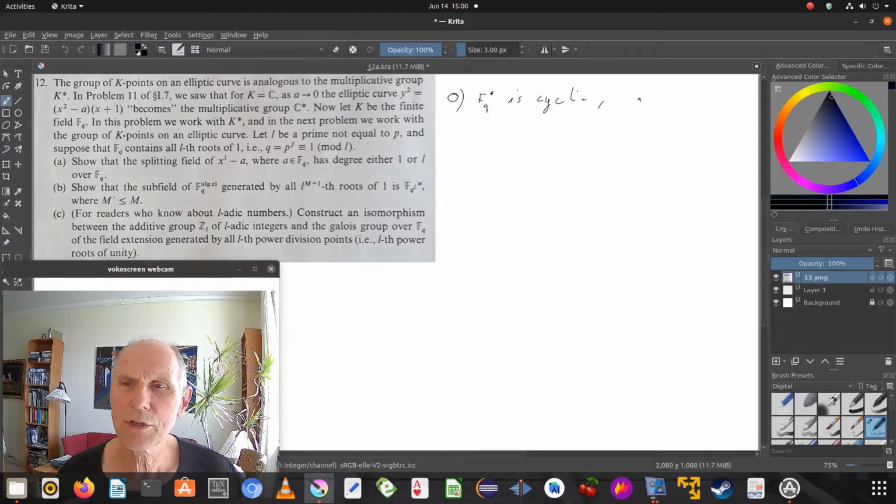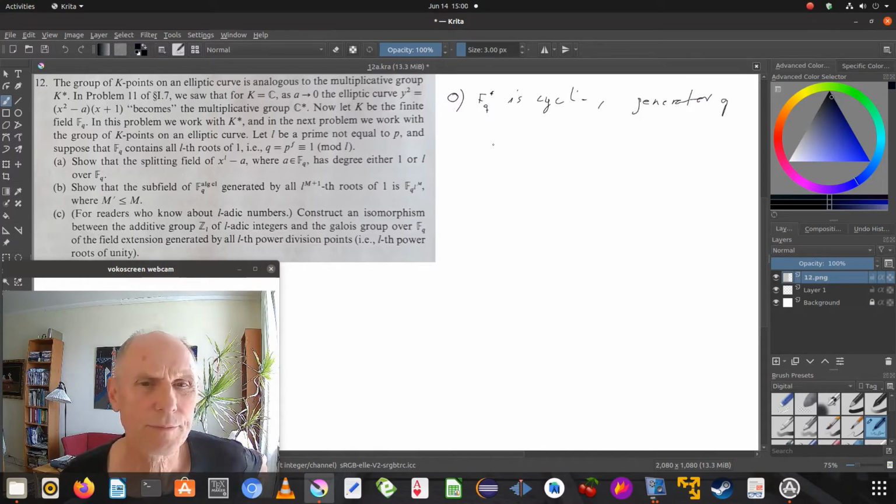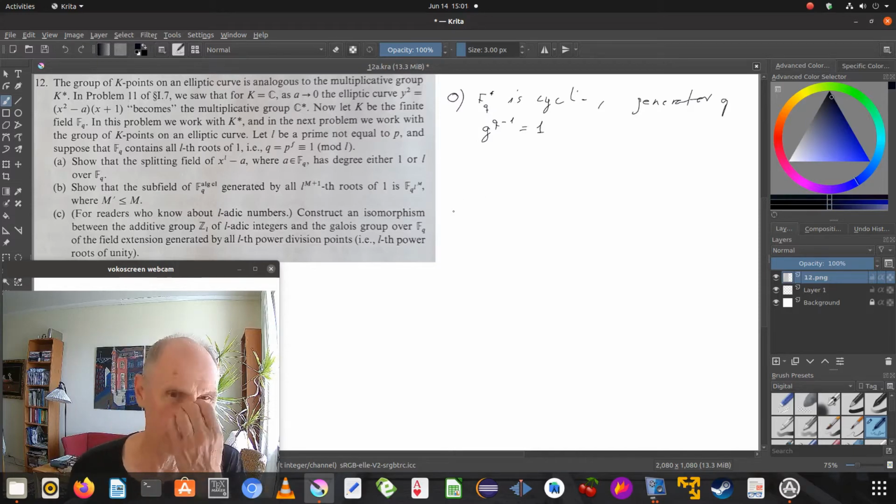So we choose a generator G, and since it has Q minus 1 elements, we know that G to Q minus 1 is the unit element.